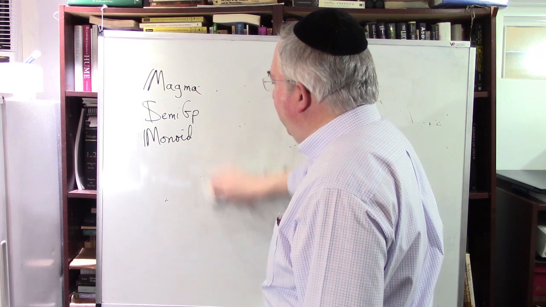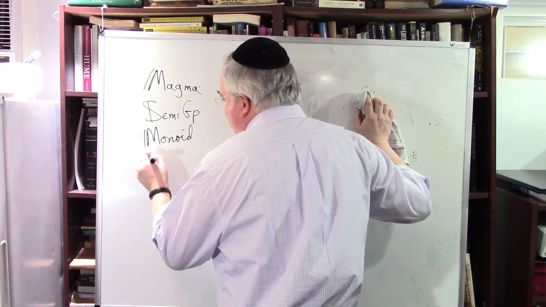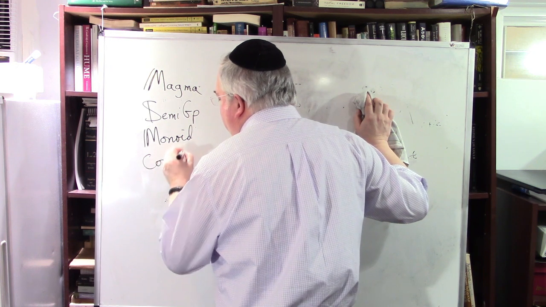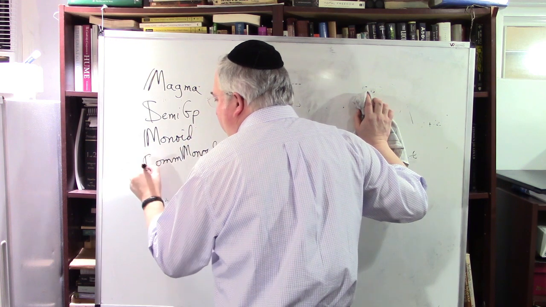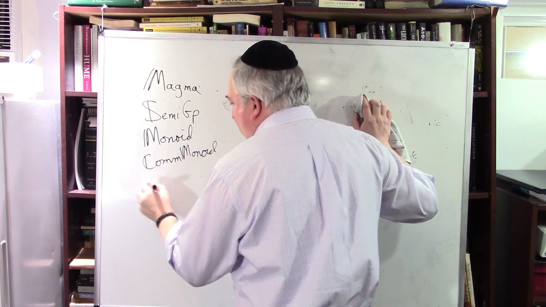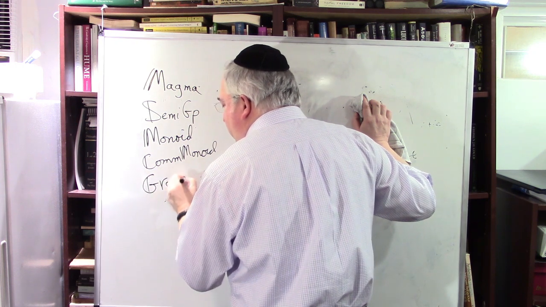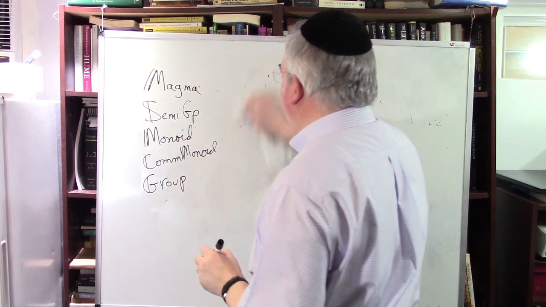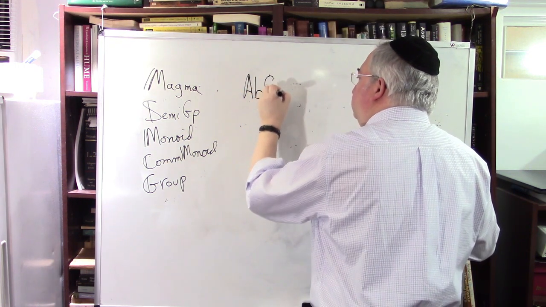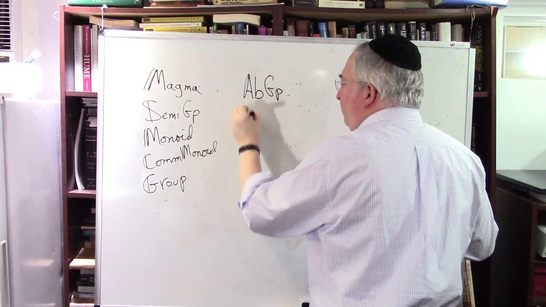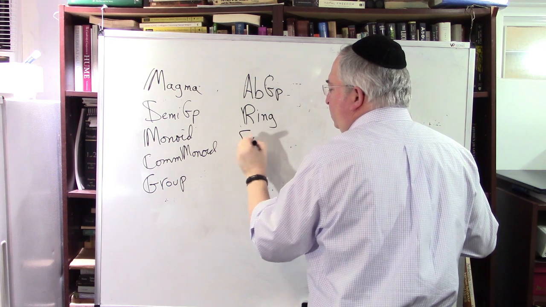The objects are monoids, the morphisms are monoid homomorphisms. We're going to have commutative monoids, groups, G-R-O-U-P, abelian groups, rings, and fields.